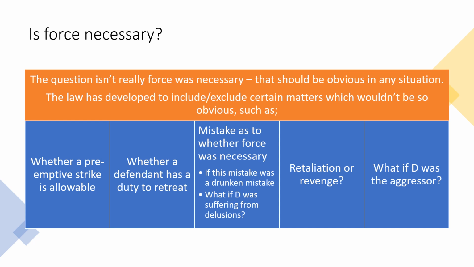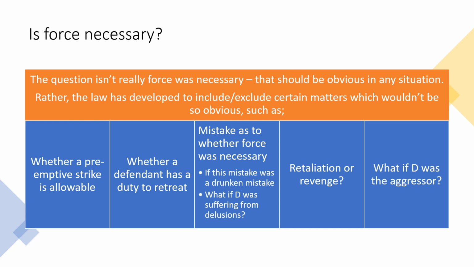So you're allowed to strike first before being hit, whether a defendant has a duty to retreat, whether there was a mistake about whether force was needed, whether it's retaliation or revenge, or if the defendant begins this situation as the aggressor.